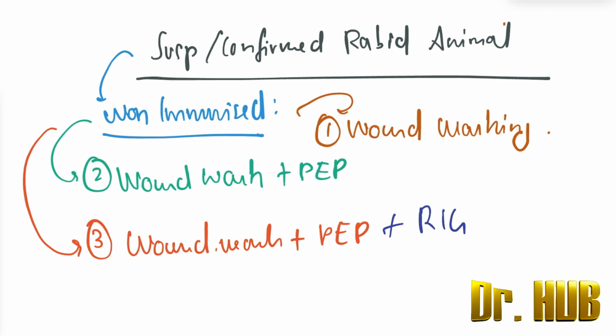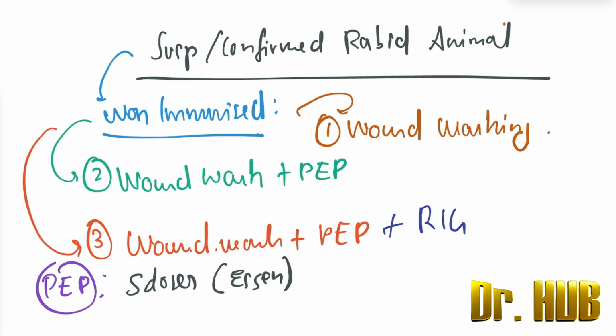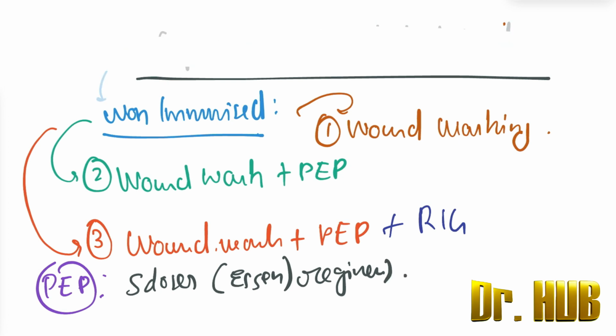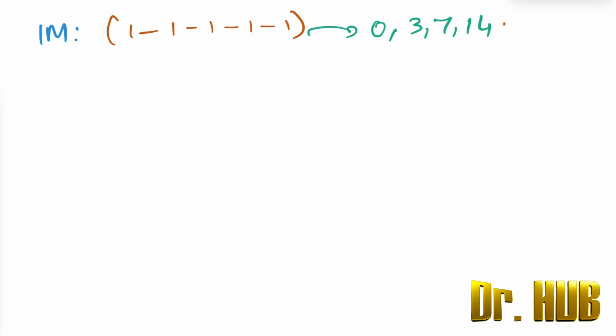Here PEP is post exposure prophylaxis. There are 5 doses to be given, and it includes the IM regimen, which is 1, 1, 1, 1, 1, administered on days 0, 3, 7, 14 as well as 28.